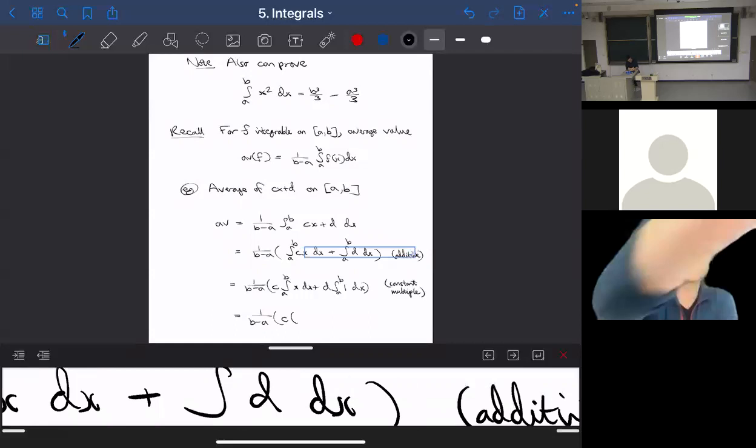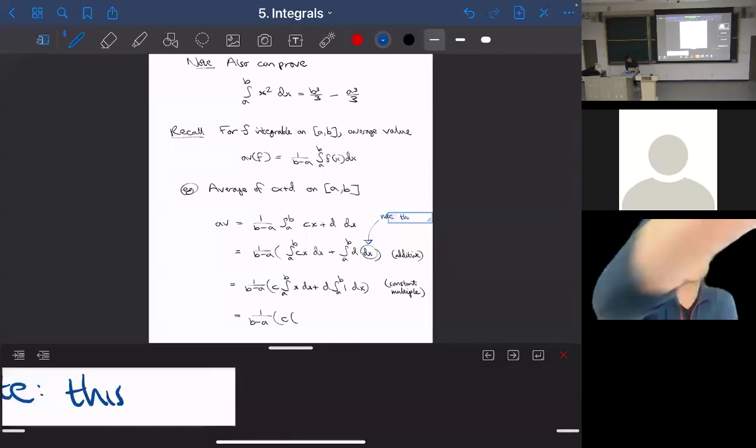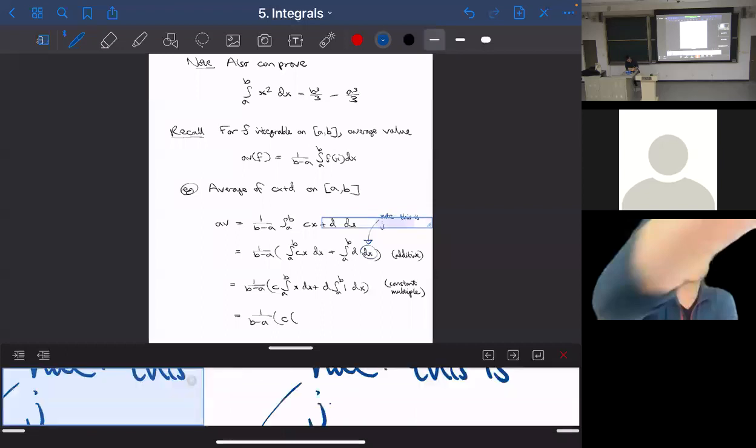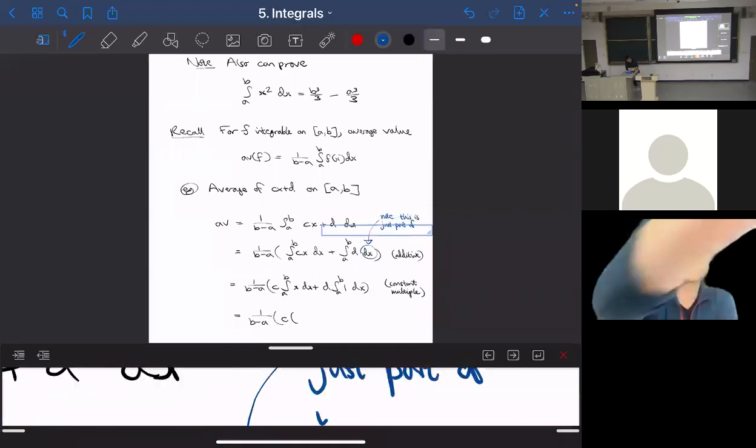So note, this is just part of the integral sign, integral notation.